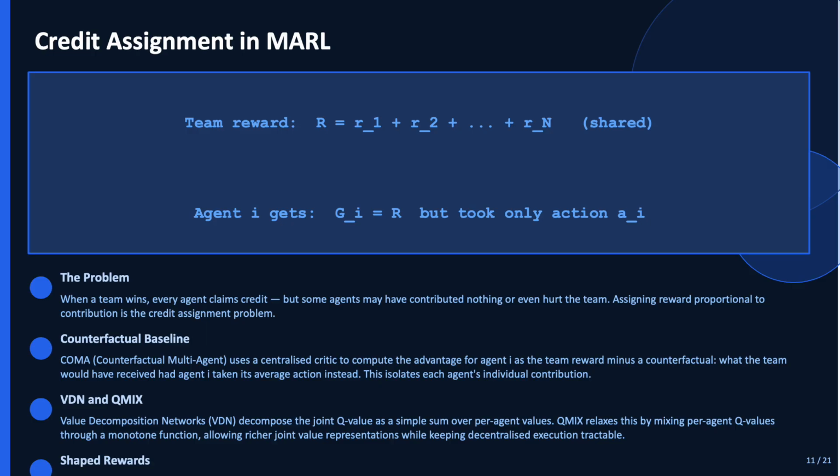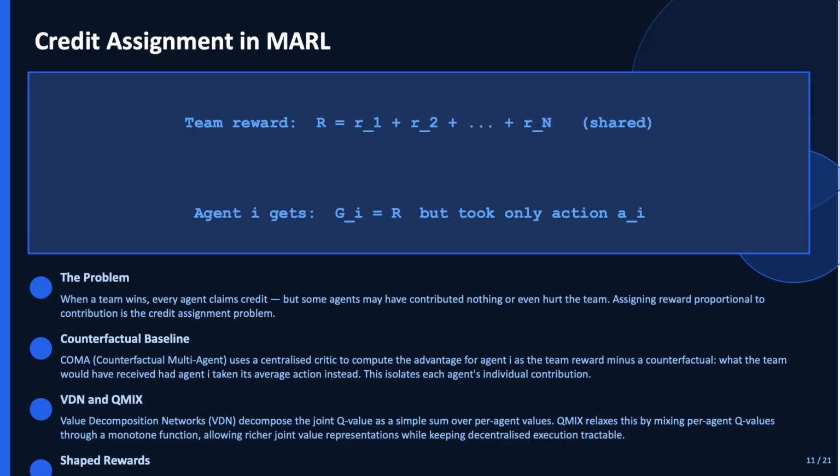The credit assignment problem in multi-agent systems asks a question that has no clean answer in the general case. When a team of agents produces a joint outcome, winning a game, completing a task, earning a collective reward, how much of that outcome should be attributed to each individual agent's specific action?